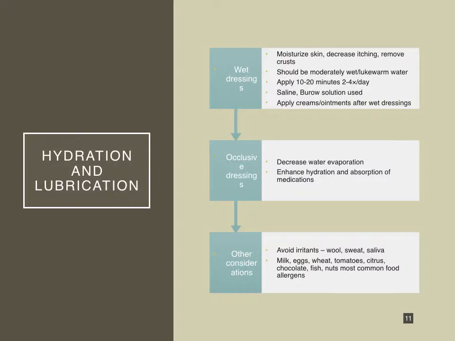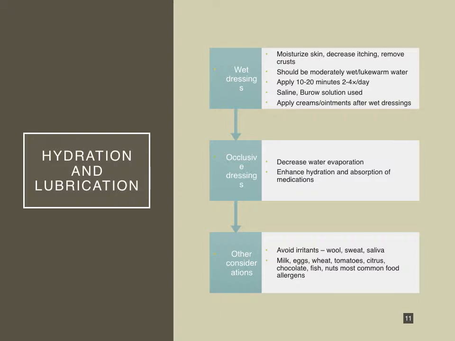Occlusive dressings are going to decrease water evaporation. So if a wound or an area of the skin is completely occluded with a dressing, you need to think about if there's any medication that's put underneath that. It's going to increase the absorption of that medication.